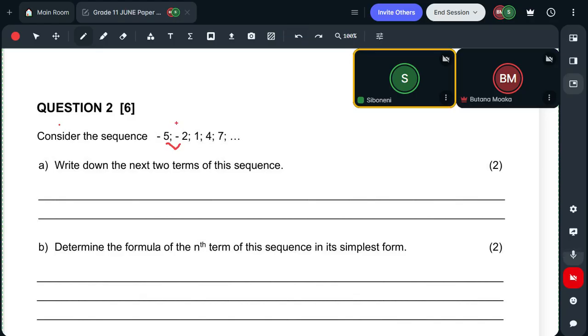Remember, the difference is T2 minus T1. So this is your T1, this is your T2, and so on. So T2 is -2, then you minus -5. What is the answer then?